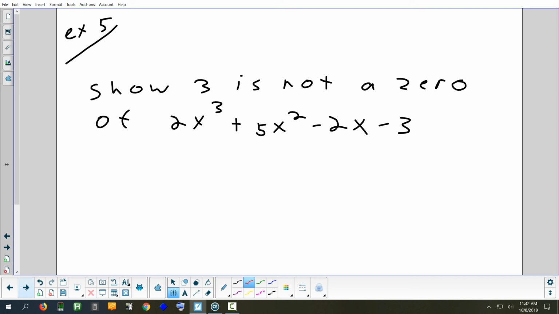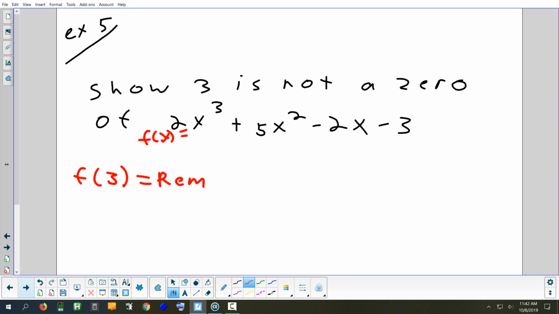Plug it in for x. Yeah, I can use what I did yesterday, which is the remainder theorem. If you plug in the number for x, if you call this f of x, then f of 3 will give you the remainder. And if something is not a 0, you're just hoping for a remainder that's not 0. Now, I'll do it that way, but what's the other way I could do it?